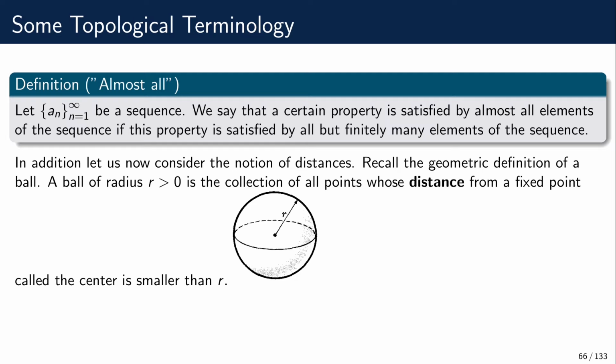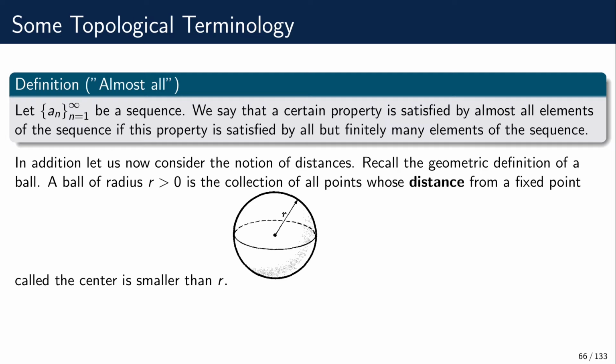Okay, and so now let us think of distances and what it means to have a distance function. So let us now ask a question. Suppose that we are in this three-dimensional space. What is a ball? So a ball of radius r is the collection of all the points in space whose distance from a fixed point, which we call a center, is smaller than some number r, which is called the radius. So this is a ball, and we can define a ball in any metric space.